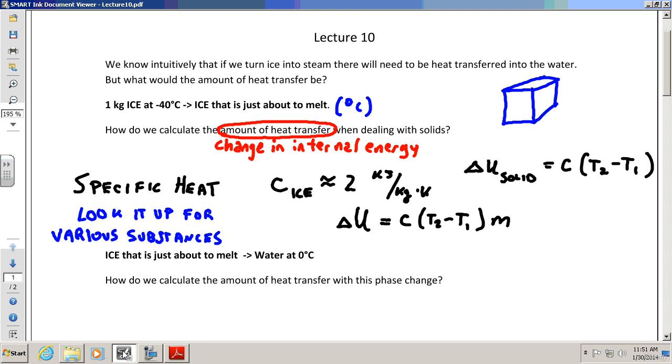So let me fill in the numbers here. This is going to be 2 kilojoules per kilogram K times T2, which is 0 minus a negative 40, times 1 kilogram.